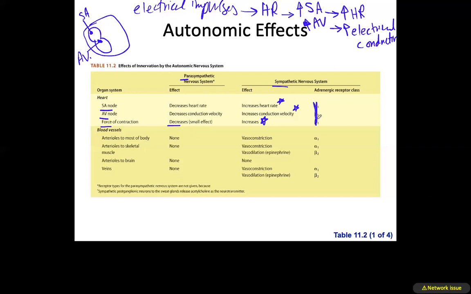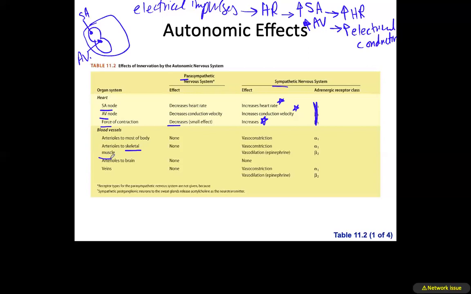I don't need you guys to know that these are the beta receptors. Don't really care. Again, it gets a lot more complicated than what I want you guys to know. The effect of the autonomic nervous system on blood vessels is a lot more complicated than I want you guys to know. What I really do want you guys to know is that a main target of this would be your skeletal muscle, and depending on the regions of the skeletal muscle, it can cause vasoconstriction or vasodilation.